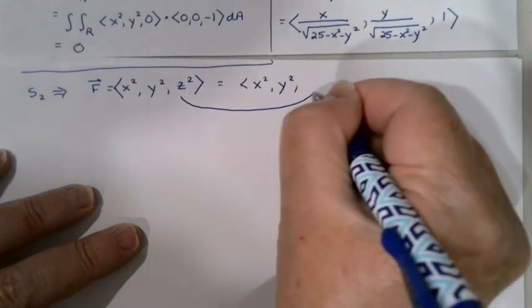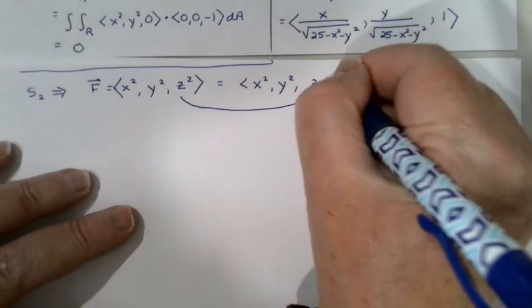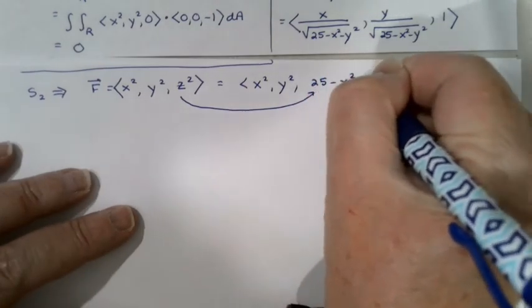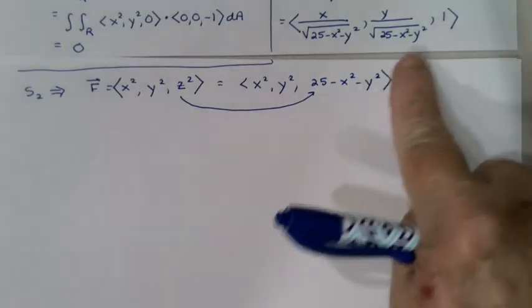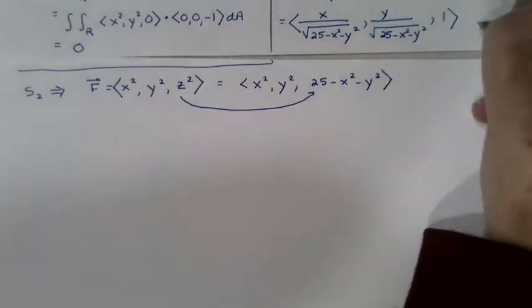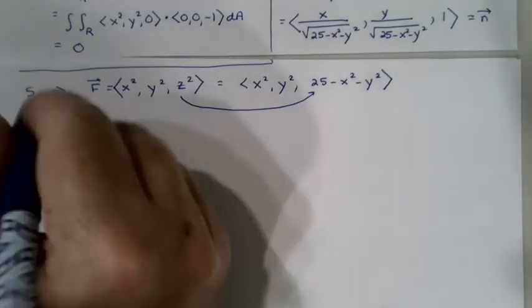So I'm going to plug in for the z squared. If I just solve the equation for my sphere for z squared, it's 25 minus x squared minus y squared. And so I had my n up here, and we've got our F here.